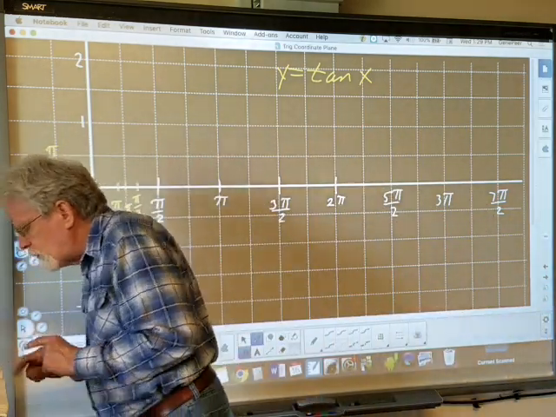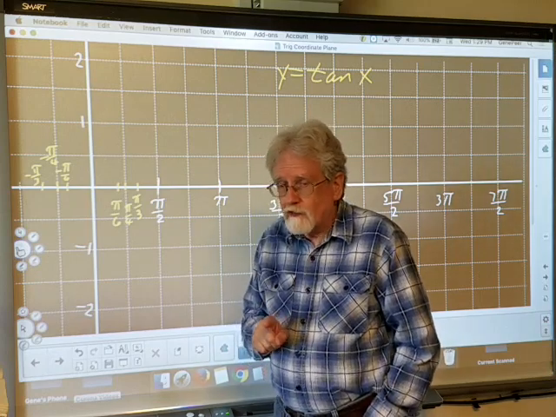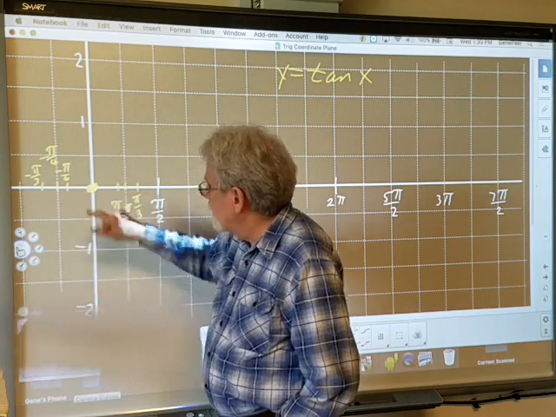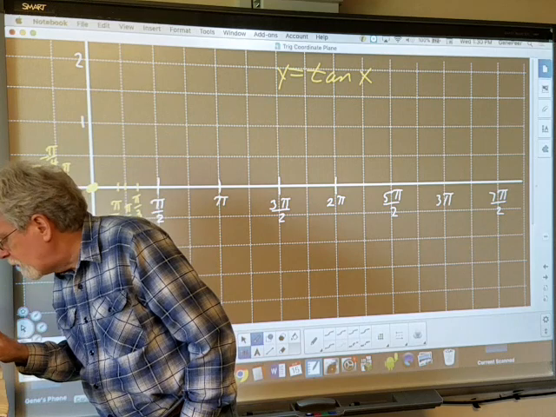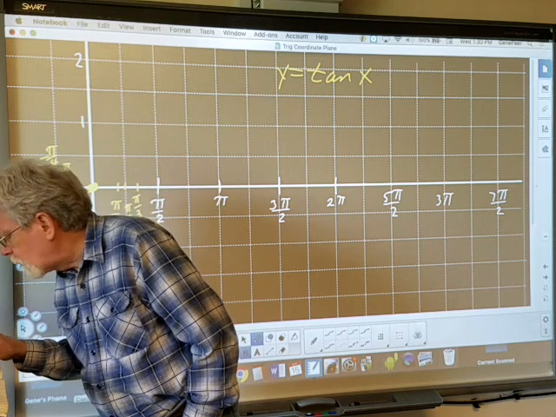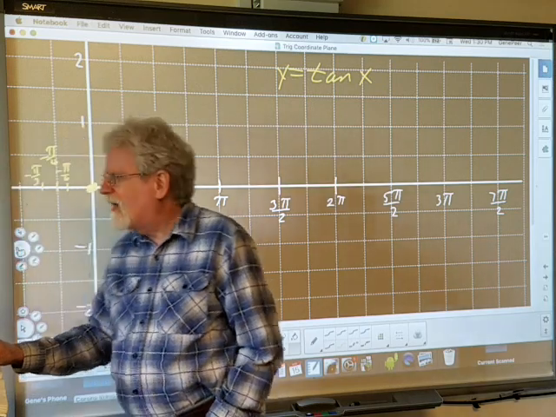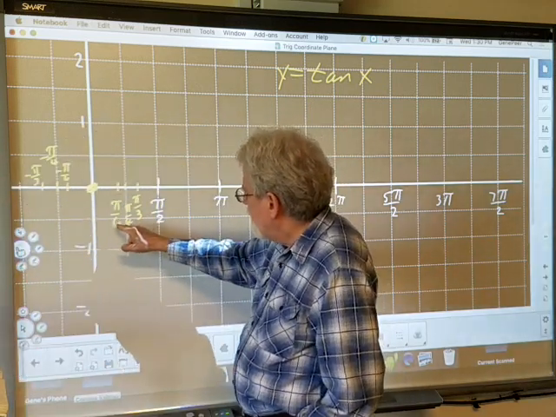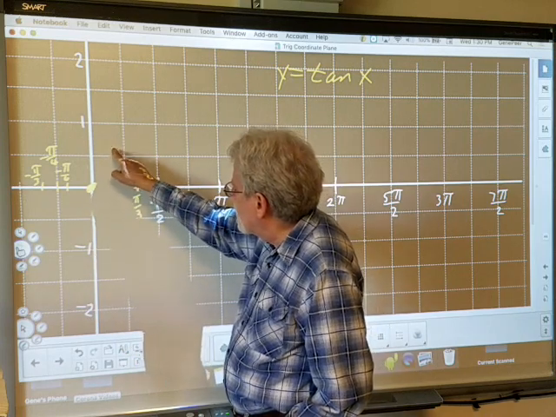So we know that the tangent of 0 turns out to be 0. Look at your unit circle, you'll see that to be the case. Then the tangent of pi over 6 ends up being the square root of 3 over 3, and the book tells us that is about 0.58. So if this is 1, tangent of pi over 6 would be about 0.58, so we're talking about someplace right about there.